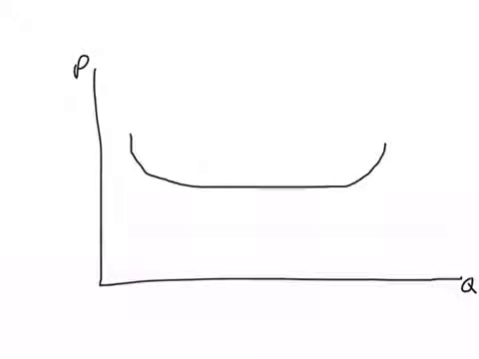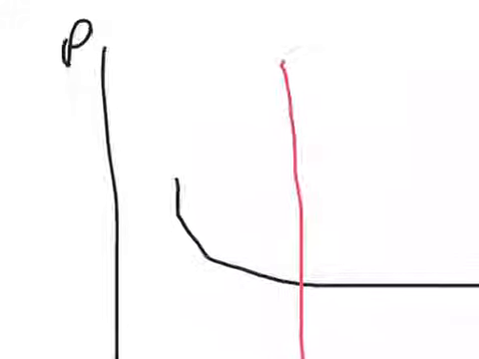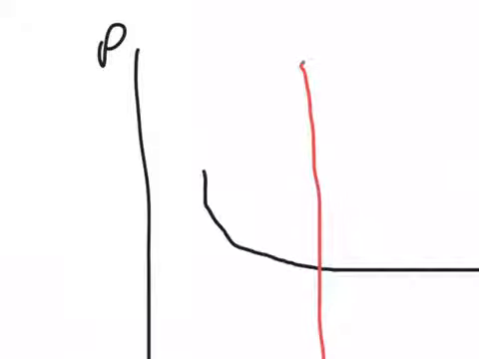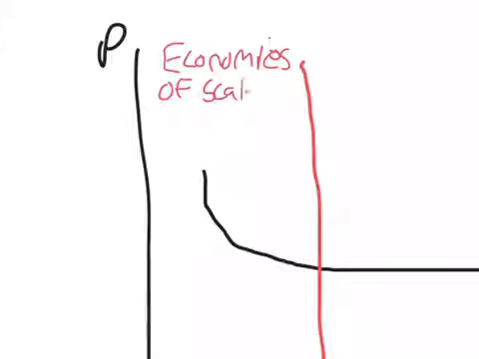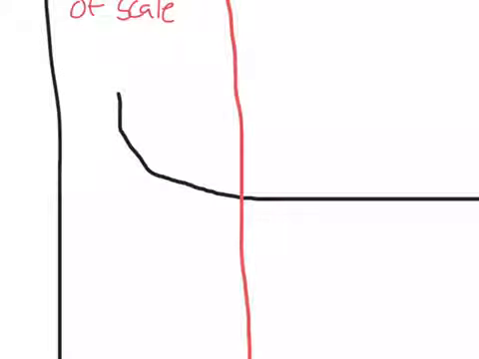So, change my color. Now I'm going to divide this into thirds. The long run is divided into thirds. So this section over here is called economies of scale, where the graph is slowly decreasing.